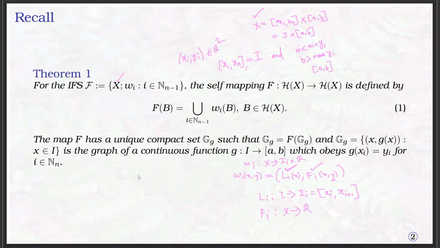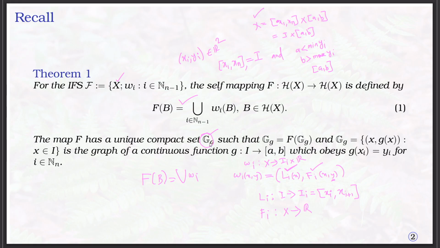Then we define the F of B as the union of all the wi's, then we form the Hutchinson-Barnsley mapping. Then we proved that this Hutchinson-Barnsley mapping has a unique fixed point. That fixed point we can call g, which is the graph of a continuous function which passes through the given set of data points.